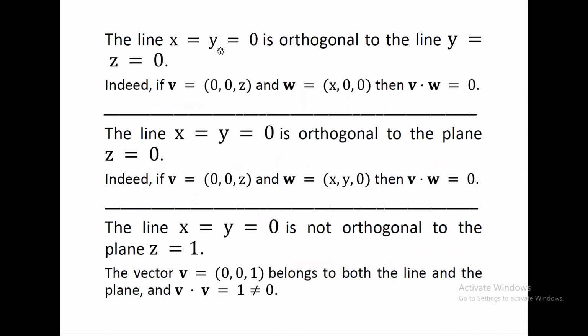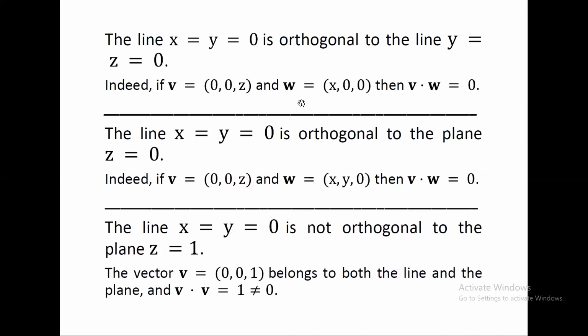Again, considering some examples, if you have a line which is x equal to y equal to 0, then the vector is 0, 0, and some value for z. And if you have another line which is y equal to z equal to 0, then we don't know the value of x there, so that is specified by another vector w with x, 0, 0, where x is some value.